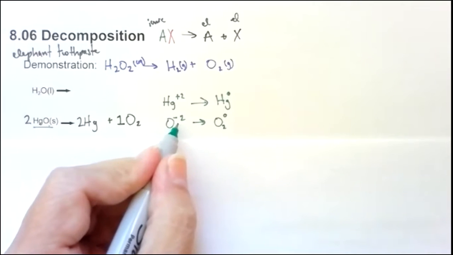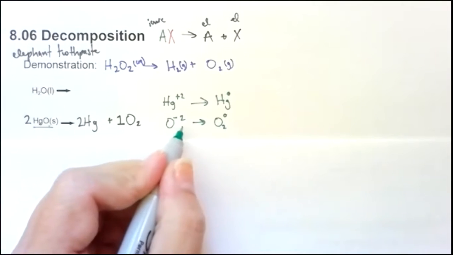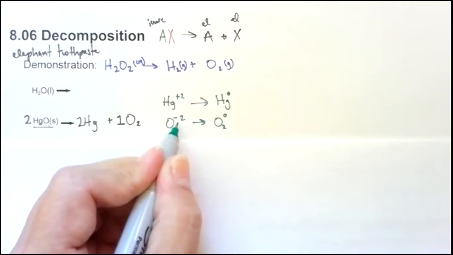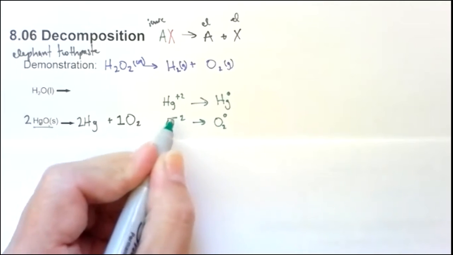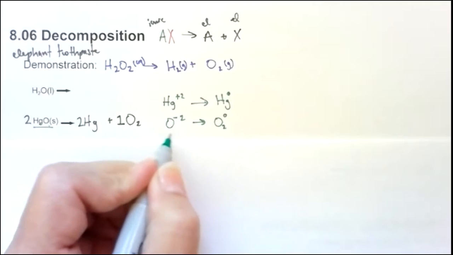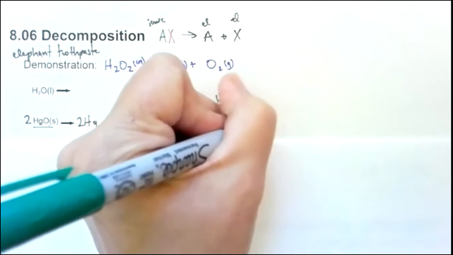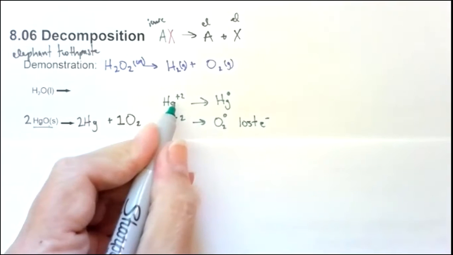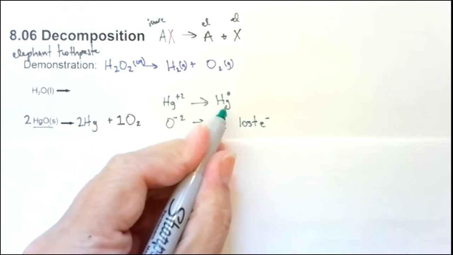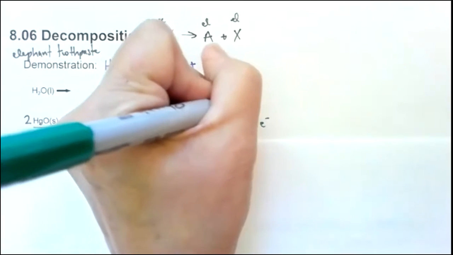If I had a -2 charge here and I went down to 0, that means I lost 2 electrons. To go from -2 to 0, I've got 2 extra electrons hanging around here. That's what gives it the -2 charge. So here I lost electrons. And I had a +2 charge here, and now that's gone. So that means that I gained electrons.